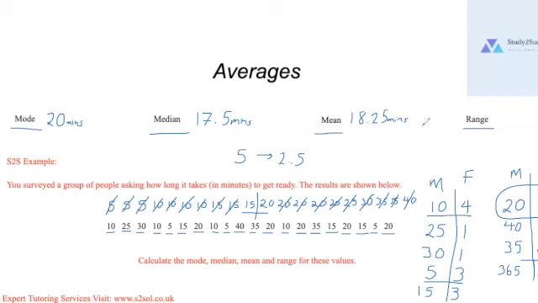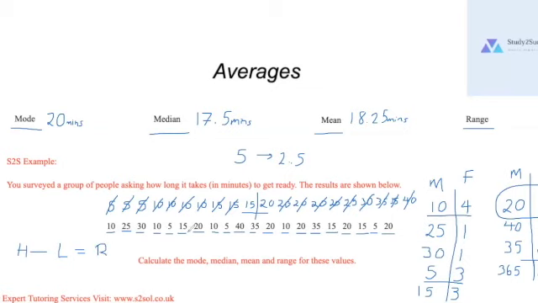And the way we calculate the range is simply by taking away the lowest value, so the lowest amount of time it's taken for someone to get ready, away from the highest amount of time, the longest amount of time that it's taken for an individual to get ready. So the range is simply just the highest point, take away the lowest point, and that equals the range.